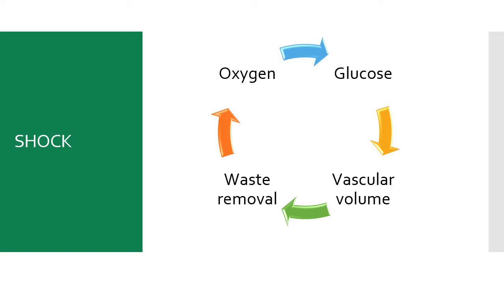Can I remove waste as I need to maintain homeostasis? So I like to think of shock as being a disruption of homeostasis at the most simple level, which is a cell. And when enough cells are experiencing a disruption of normal functioning, we start to have a systemic problem, and that is shock.